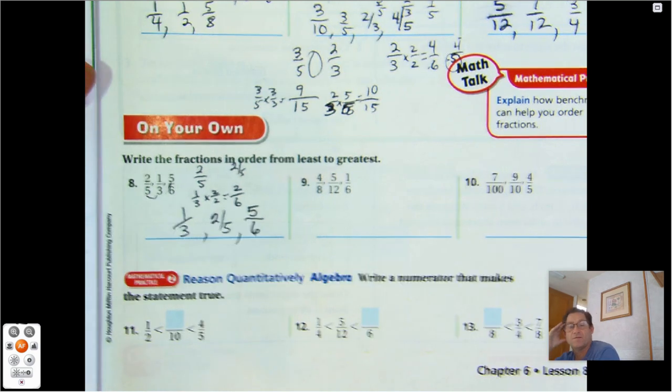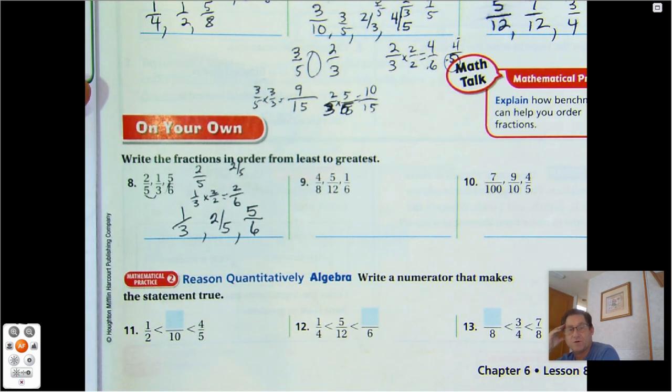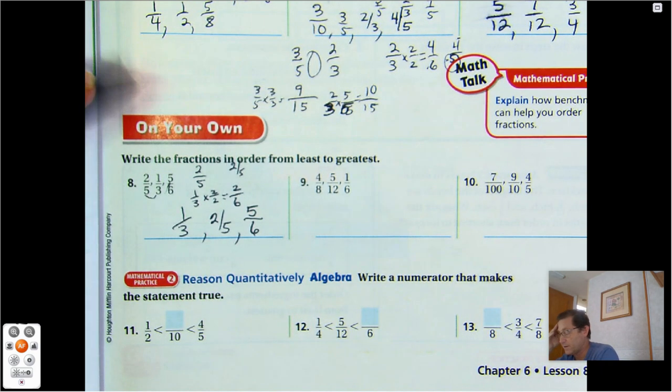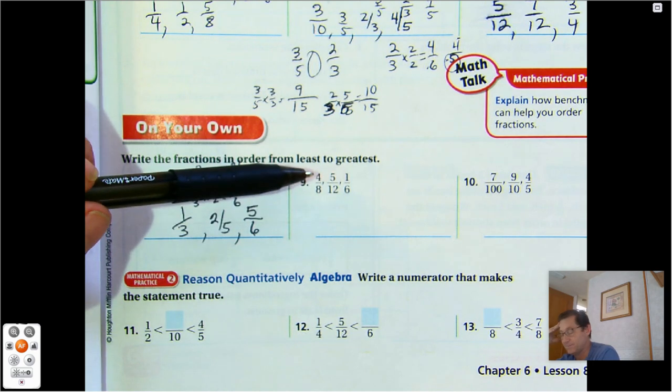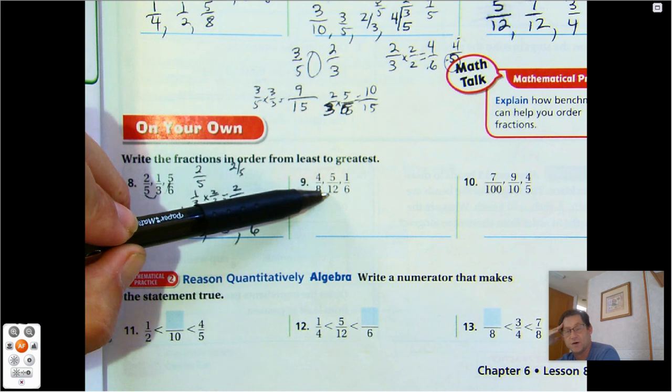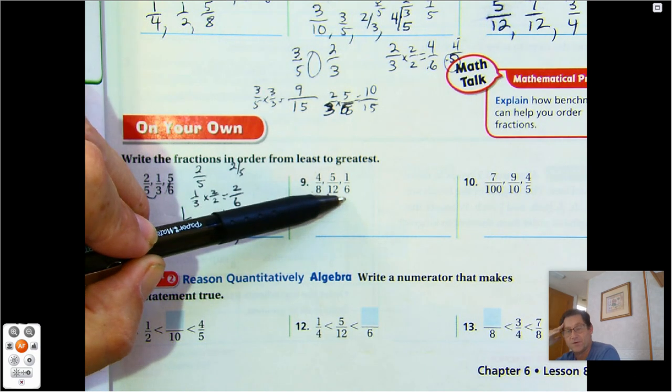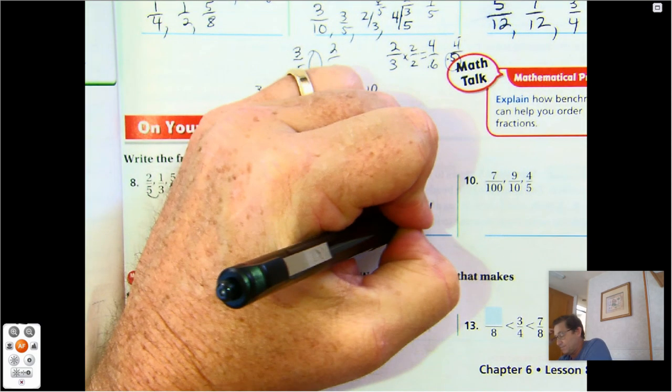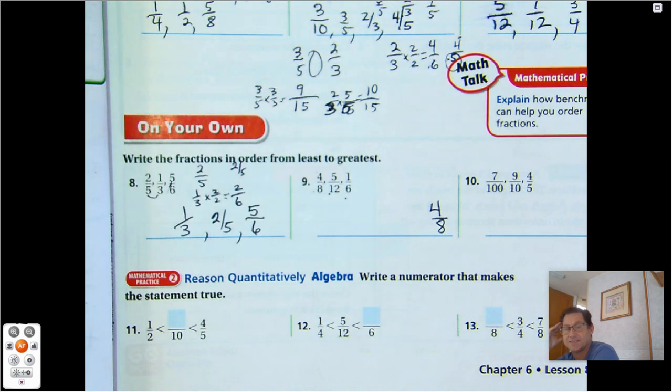4/8, 5/12, 1/6. Okay, so if we compare to 1/2, this is 1/2. 5/12 is smaller than 6/12, so smaller than 1/2, and 1/6 is smaller than 3/6, which is 1/2. So 4/8 will be our largest because it's 1/2. The other two are smaller than 1/2.